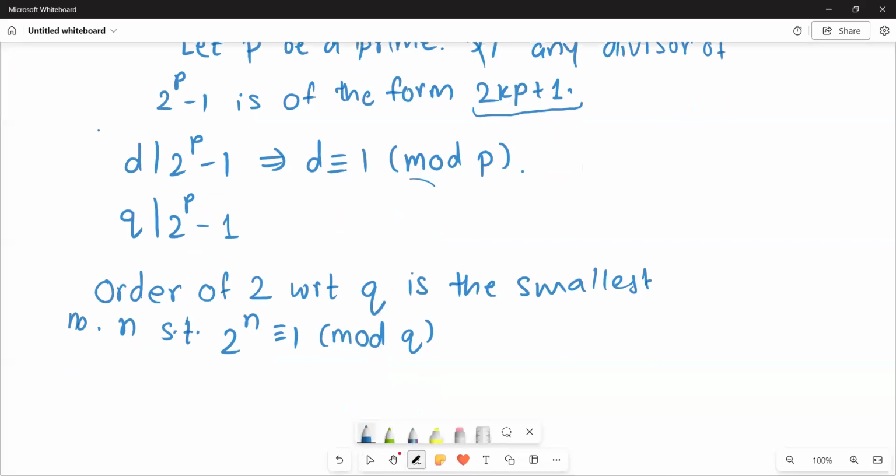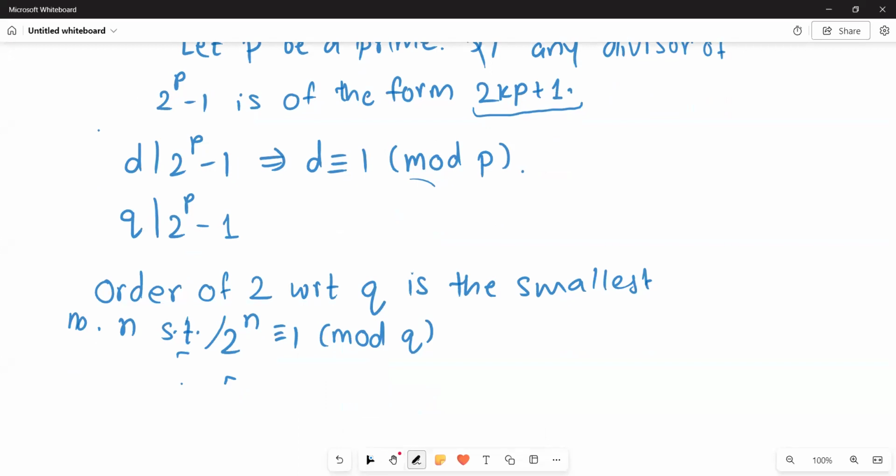Say for example, our prime is 7. Then the order of 2 with respect to 7 is the smallest number n such that 2 to the power n is congruent to 1 mod 7, and smallest number n greater than 0, of course.